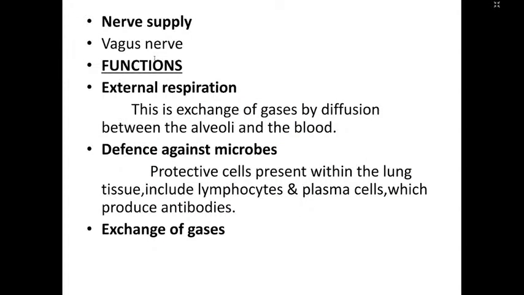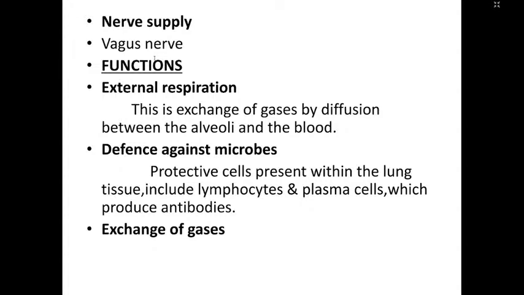Now we come to the functions. So slowly from anatomy, we are moving to the functions, the physiology. There are basically two functions: external respiration and internal respiration. External respiration is the gas exchange occurring inside the lung between the environment and the lung tissue.